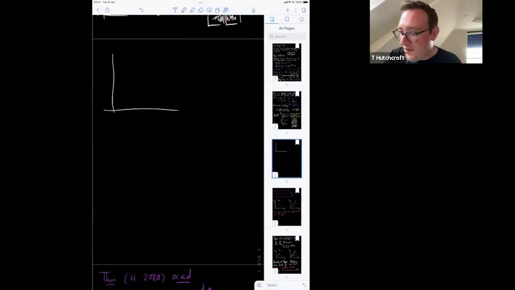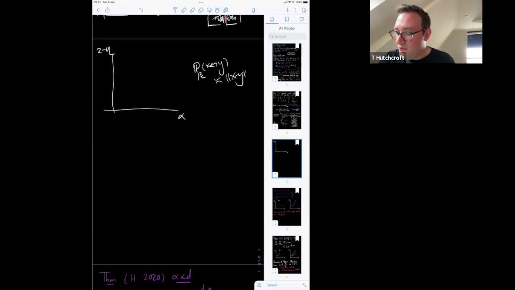So suppose we start by looking at the 2-point function. Remember, this means that at criticality, at beta c, the probability x is connected to y is supposed to decay like this. Now here's the idea.